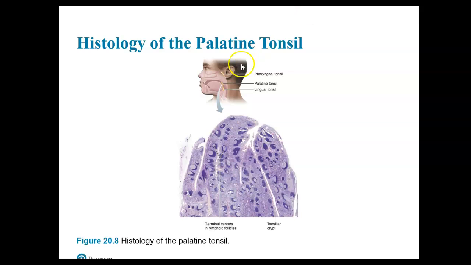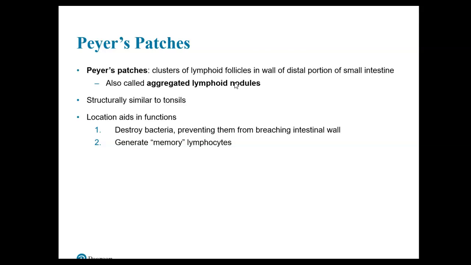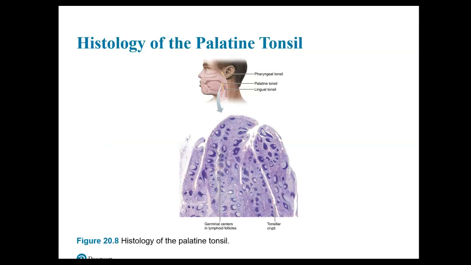Now, this is a side view, a lateral view, showing where the adenoids are, the pharyngeal tonsils. I think this may be wrong. Hold on a minute. Okay, so the palatine tonsils are in the back of your throat. You can see these when you open your mouth wide.